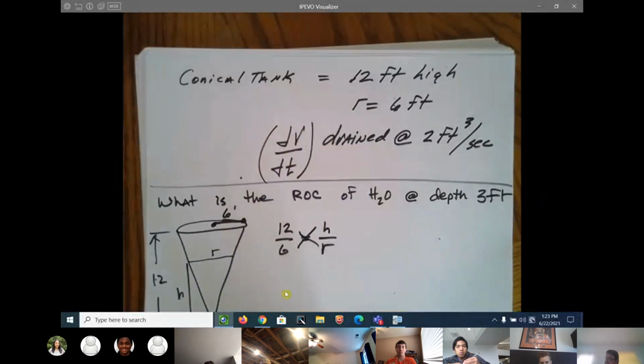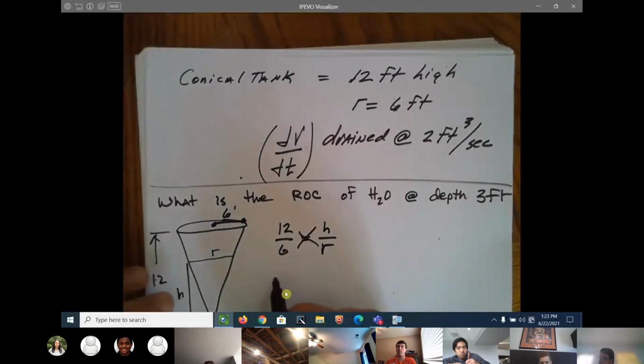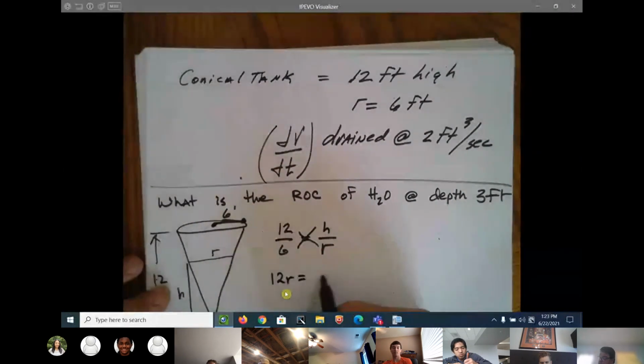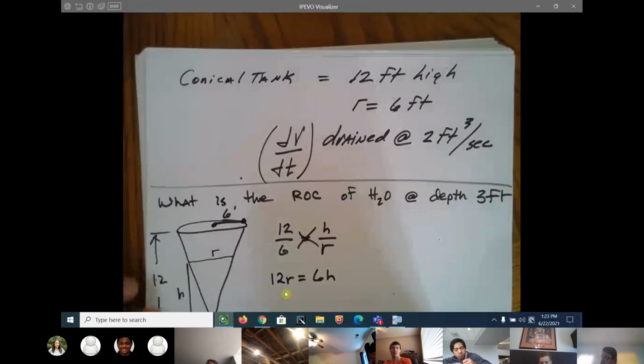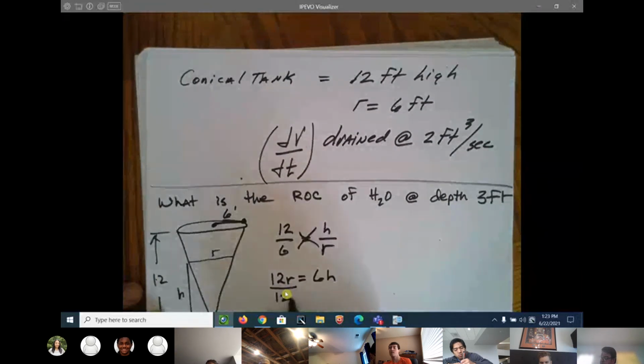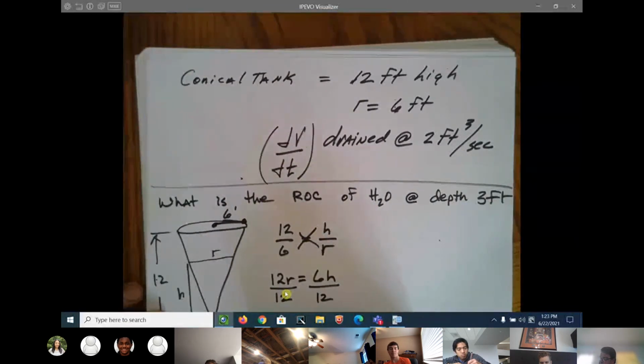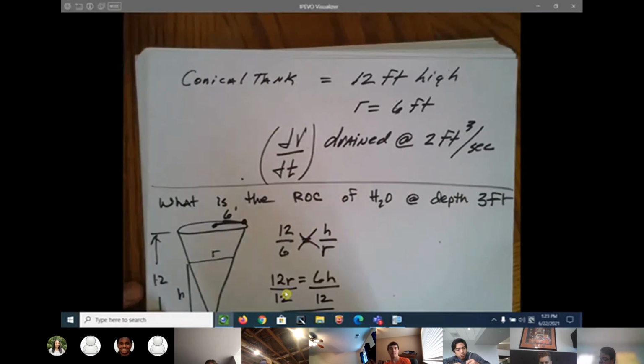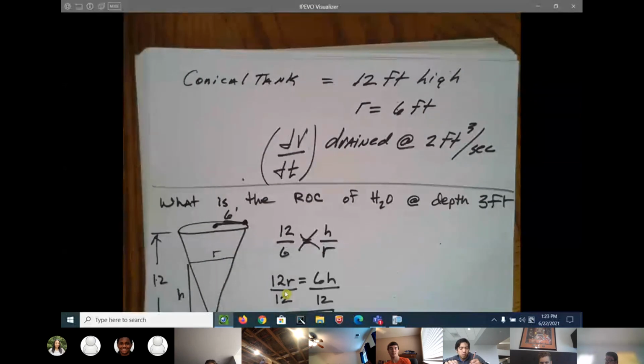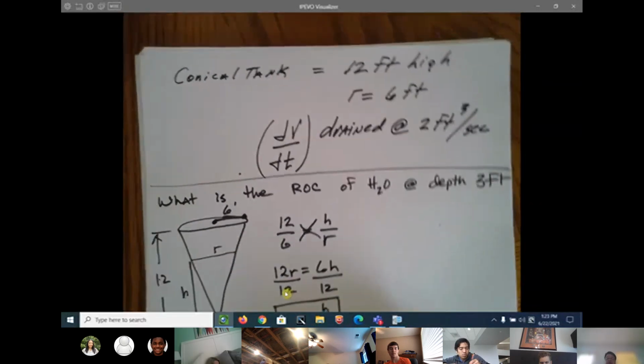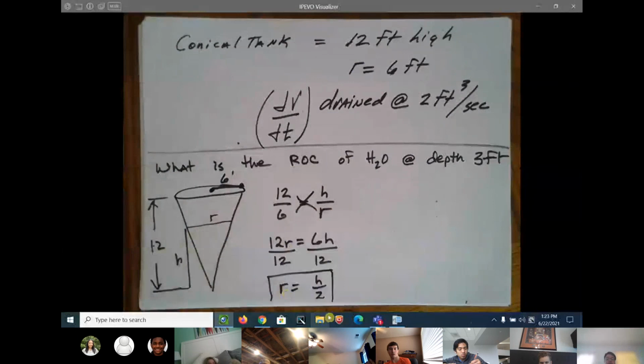Cross multiply, you get 12r equals 6h. We always solve for r because that's what's changing. So r is equal to h over 2. That's your first step when you're dealing with a conical tank.